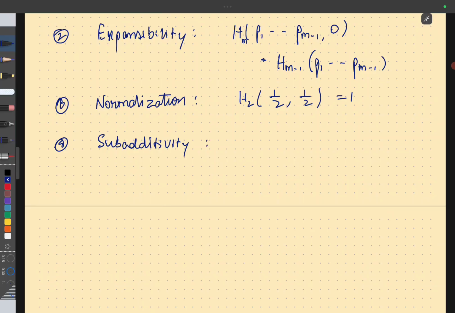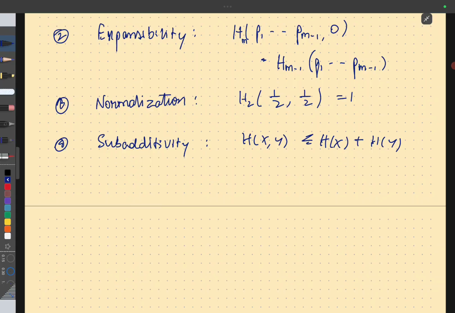Right? Because just by combining the two, you shouldn't get any more randomness. So H of X comma Y should be less than or equal to H of X plus H of Y.